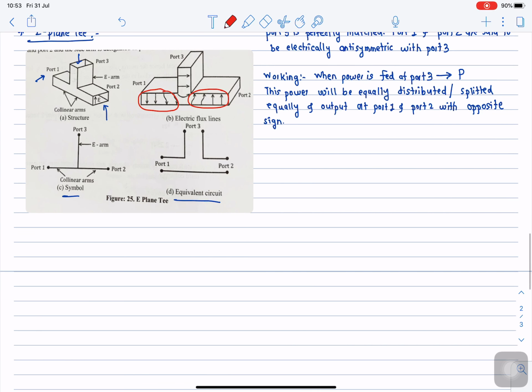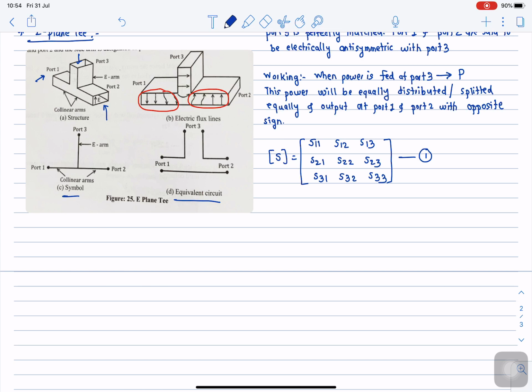For a 3-port device, the scattering matrix is given by S is equal to S11, S12, S13, S21, S22 and S23, and similarly the third row S31, S32 and S33. This is a generalized 3 by 3 scattering matrix representing any 3-port network, and here the example of a 3-port network is our E plane T.